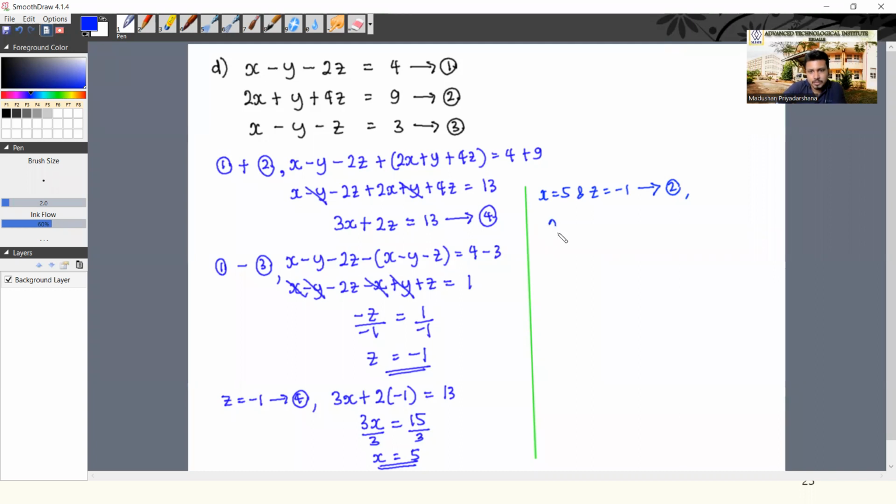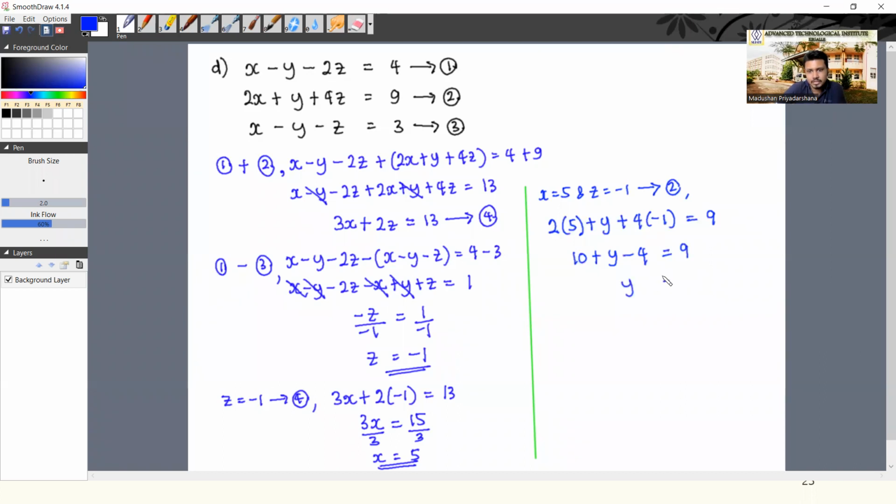2x, it means 2 into the value of x is 5. That one we have found. Plus y plus 4z. The value of z is minus 1, equals 9. So 2 into 5, that is 10, plus y, 4 into minus 1, that is minus 4, equals 9.